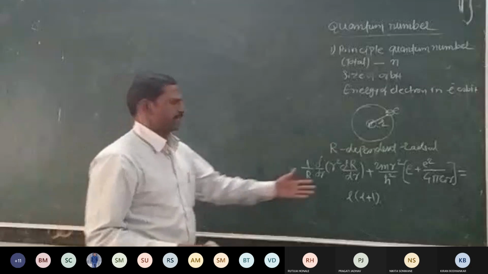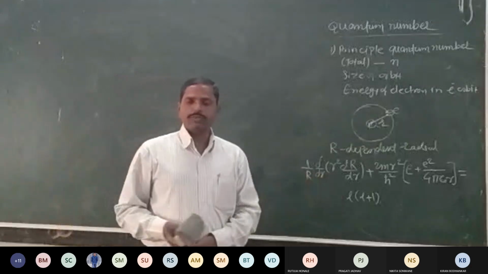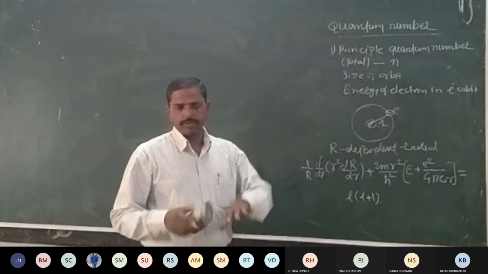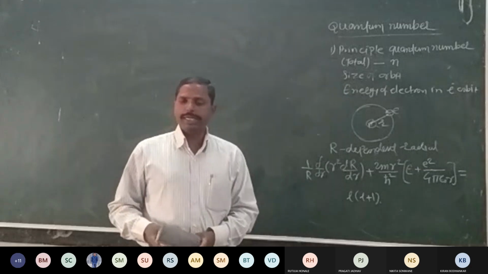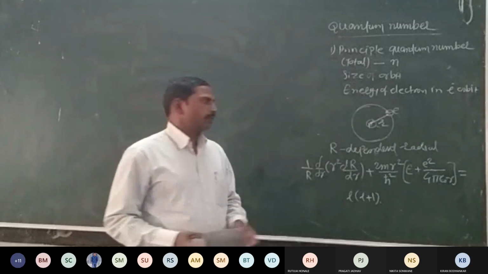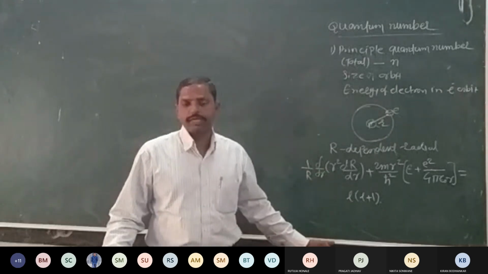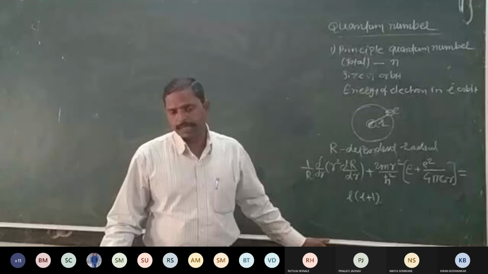And this part we already saw while separating the Schrodinger wave equation in spherical polar form for hydrogen atom. When we separate it in three independent parts, one is r dependent part, another is theta dependent, and third is phi dependent part.